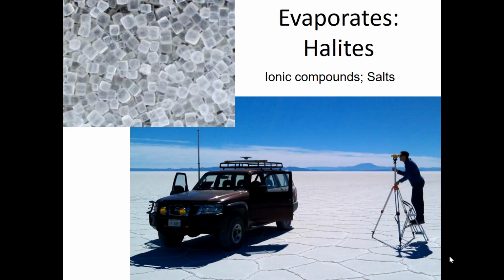Now, another rock that is a consequence of water near the surface is halite. As we know, our oceans contain about 35 parts per thousand of sodium chloride. But you've probably never wondered, where does this salt come from?